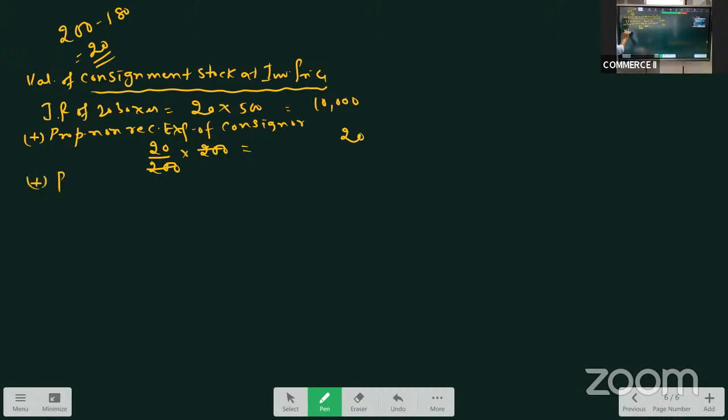Similarly, add proportionate non-recurring expenses of consignee. I am taking consignee's expenses also because it is specified that the expenses incurred are freight, and freight is a non-recurring expense.